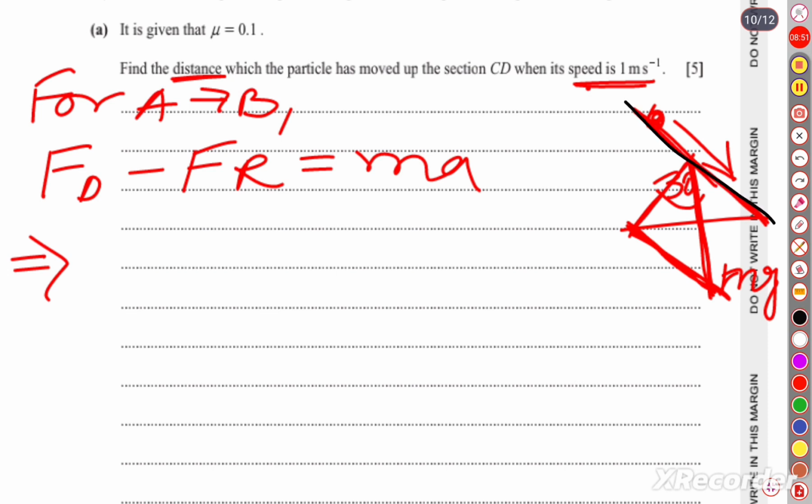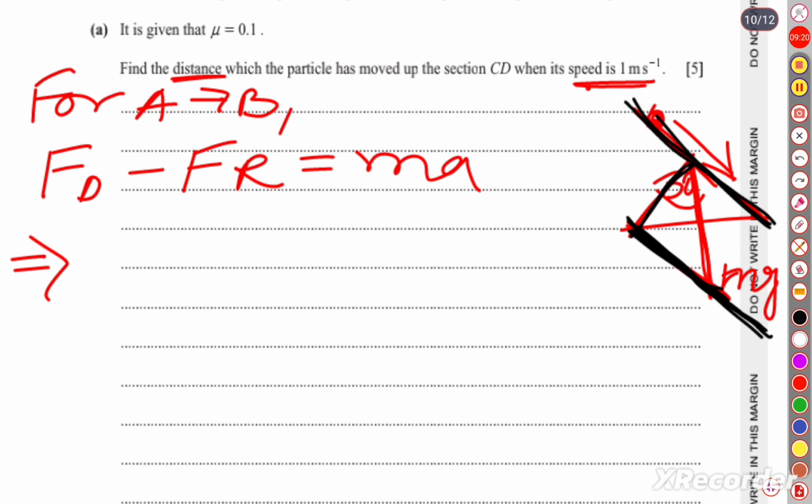For this line, actually this is parallel, so the force acting on this will also be equivalent to this. So we will have to resolve the forces. If we assume this is the horizontal line, then this will be our vertical. Sorry, this is not the horizontal line. According to this diagram, this triangle, this is the vertical line.